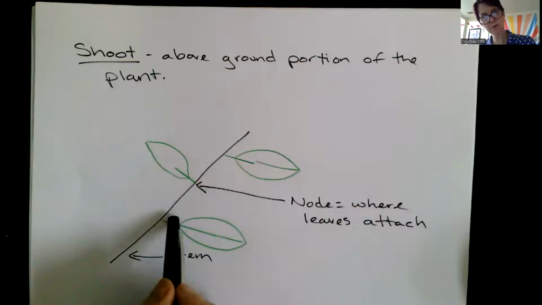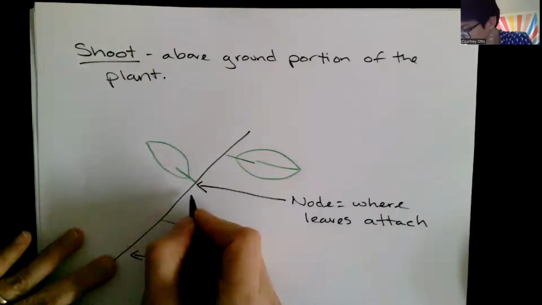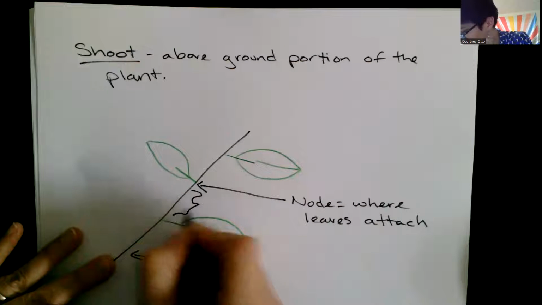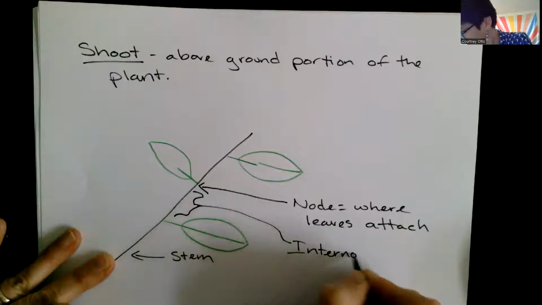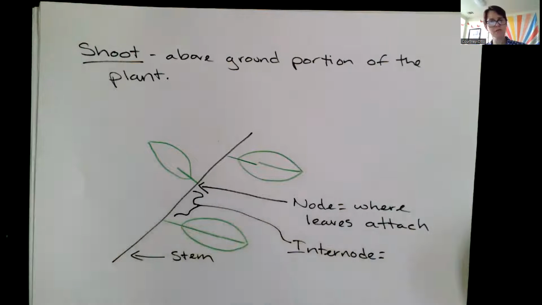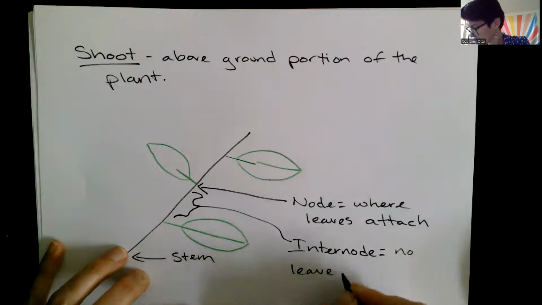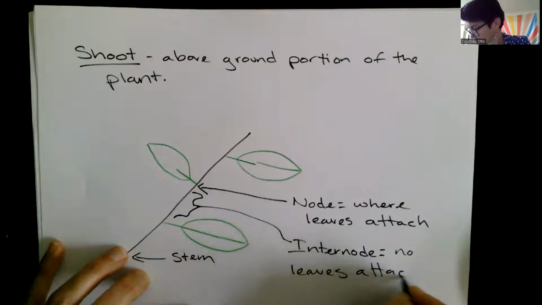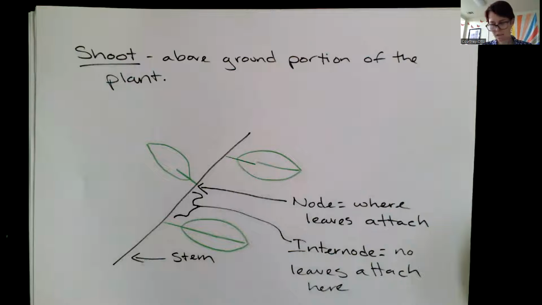These areas in between our nodes are what we call internodes because they're in between our nodes. So an internode is going to be in between those nodes and no leaves are going to be attached.